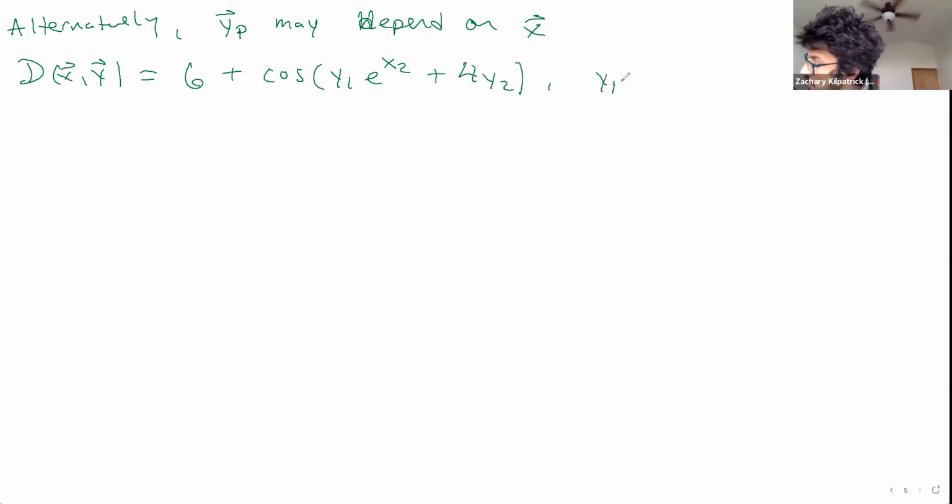Okay, so that then our p is going to be equal to (2 pi e to the x2, and then pi over 2). Okay, this is just the vector that gives me how much I need to step to the right in order to experience the periodicity in the x direction, and how much I need to step up in order to experience the periodicity in the, well, I guess the y2 direction.